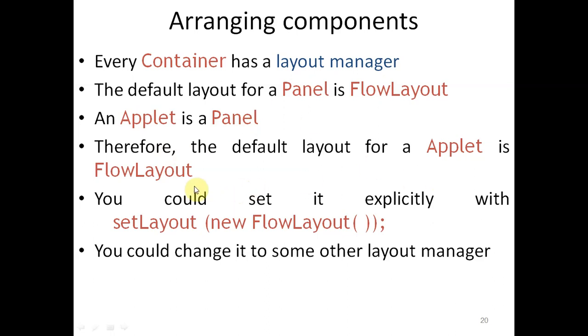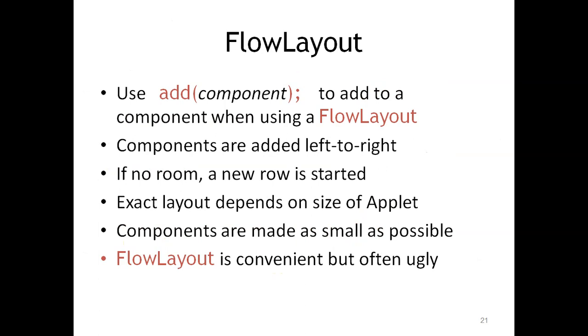By default we have flow layout, and we will use this function setLayout, new FlowLayout, new BorderLayout, new GridLayout, new GridBagLayout, new CardLayout. Whatever layout we want, we will write it inside the brackets, inside the argument of this setLayout. And you can change it to some other layout manager. So this can be changed. And to add components, by using this add function we can add the component.